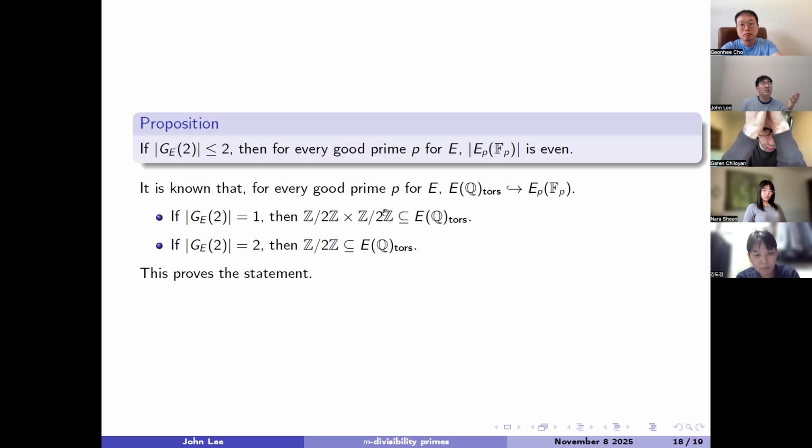So this Z/2Z times Z/2Z should be sitting inside E(Q)_tors, which just means this is sitting inside E(F_p) as a subgroup. That is, 4 should be dividing the size of E(F_p). So of course it should be even. If G_2 has 2 elements, that is fixing, say, e1, but switching e2 and e3, it has at least 1 rational 2-torsion point. Because it has a rational 2-torsion point, Z/2Z should be a subgroup of E(Q)_tors. That means Z/2Z should be a subgroup of E(F_p). So 2 must be dividing the size of E(F_p).